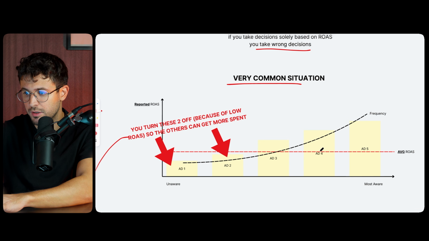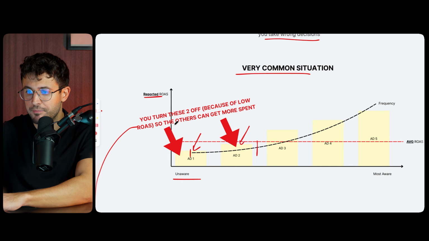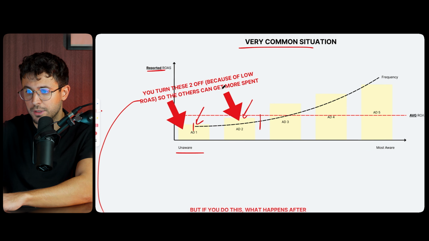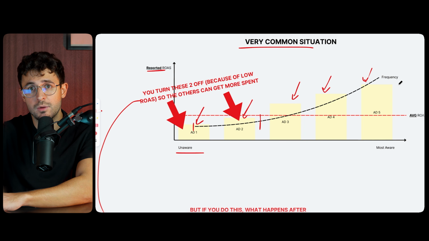So in this scenario, you see that these two ads, just because they're more unaware and the reported ROAS is lower because the frequency is also lower, you're going to turn them off. And so what you think is, okay, I'm going to turn this off because the ROAS is low, so Meta can spend more budget into this, and my ROAS goes up because the ROAS is already higher here, right? But then what is going to happen is that the frequency here is already too high.